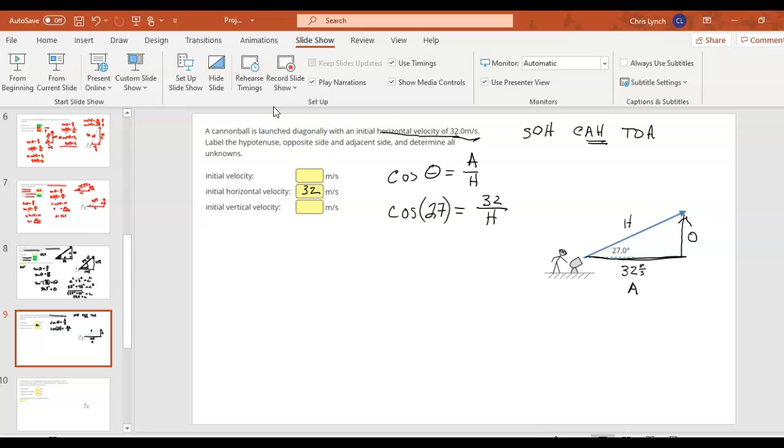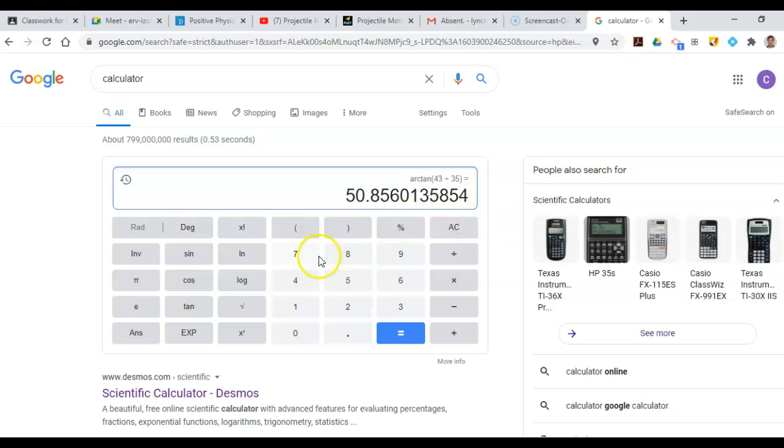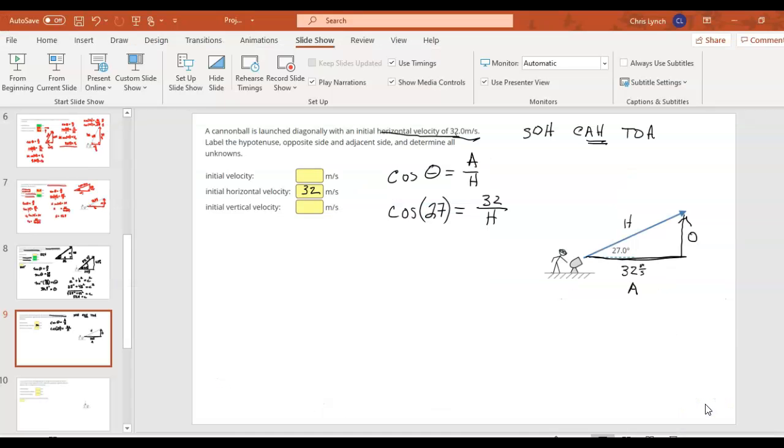I'd like to just look at the functions themselves. So cos 27 is 0.89. What that tells me is this cosine function is 0.89, so the adjacent side is 89% of the hypotenuse.